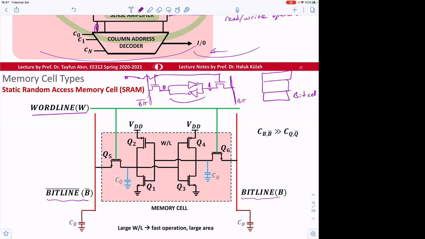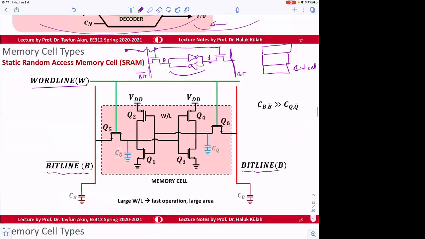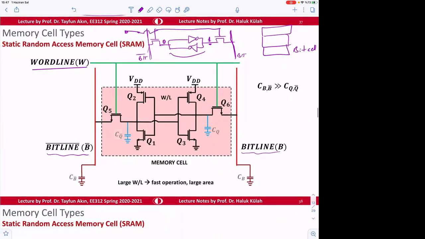There are 2 cases here. The connection is shown like this. This signal is coming from the output of this, so the output of that is connected to here, or the output of this is connected here. In fact, this looks like 2 back-to-back inverters, but if you want to see all the transistors, this is what we do.